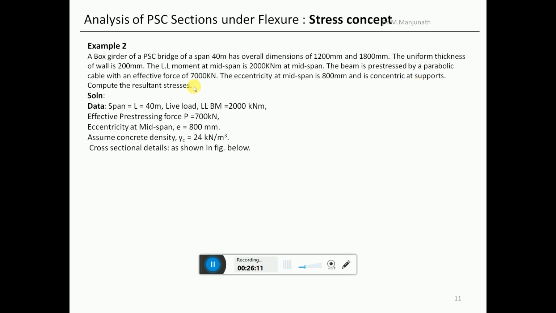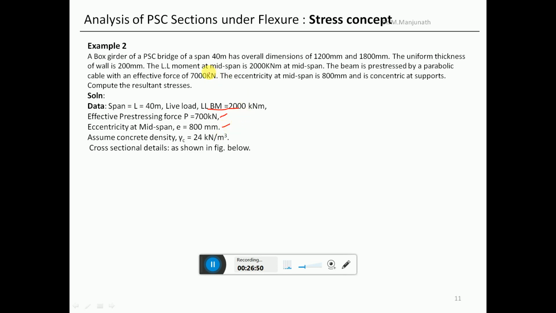Compute the stresses. So here the given span is 40 meters and the live load is not given, but straight away the moment caused by the live load is given as 2000 kilonewton meter, and the pre-stressing force is given, and the cable is not straight, it is parabolic, and the eccentricity at midspan is 800 mm.